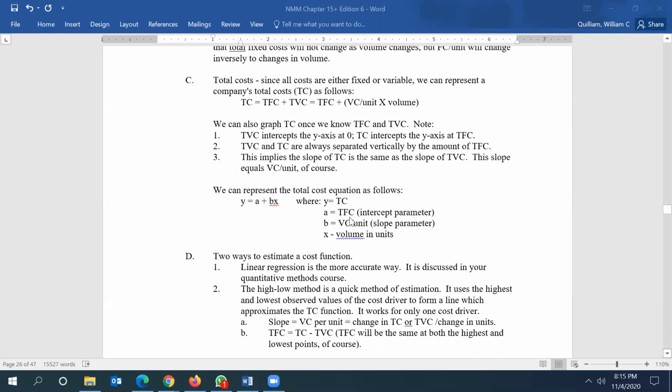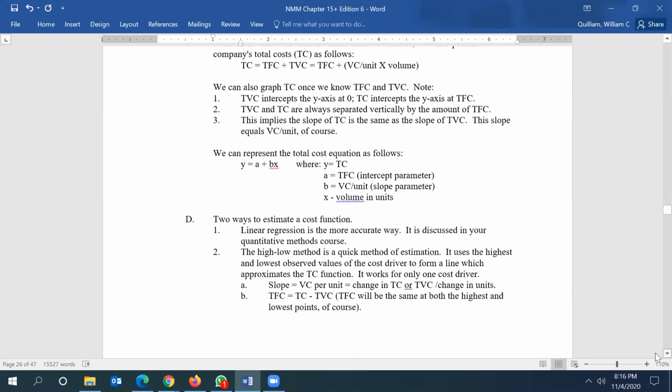A or alpha equals total fixed cost, which is the intercept parameter. In other words, the y-intercept of total cost. And b or beta or m equals variable cost per unit, which is the slope parameter. And x again equals volume in units. So what I have here is again parallel to the second iteration of total cost.